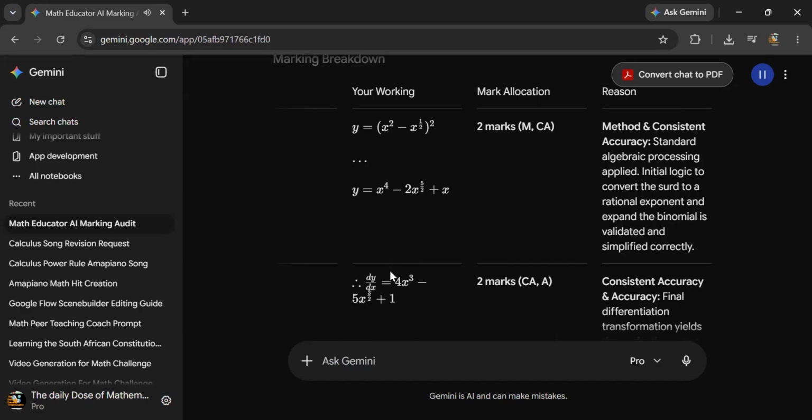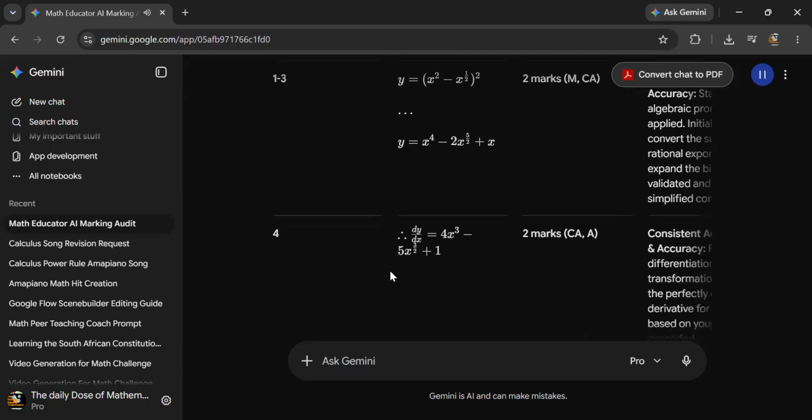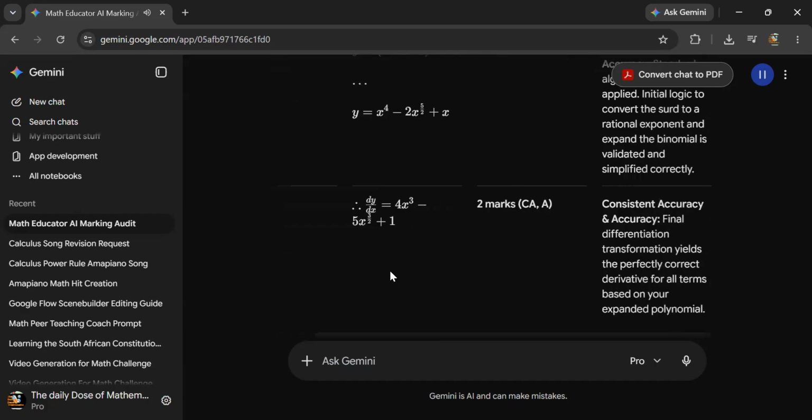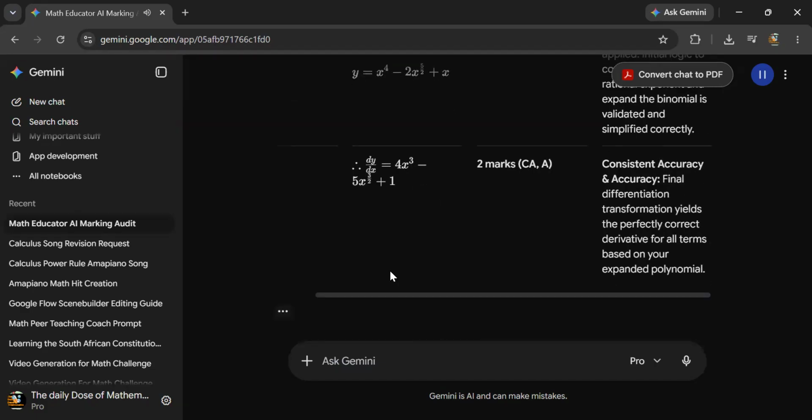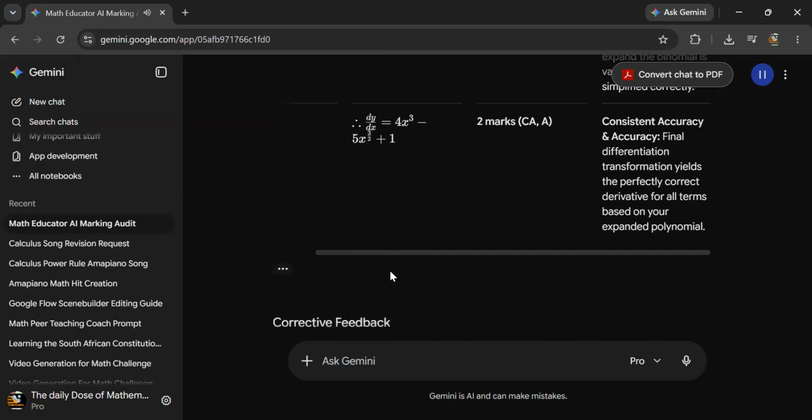Standard algebraic processing applied. Initial logic to convert the surd to a rational exponent and expand the binomial is validated and simplified correctly. Step 4: therefore dy/dx equals 4x cubed plus 5x to the power of 3/2 plus 1. 2 marks, CA and A, consistent accuracy and accuracy. Final differentiation yields the perfectly correct derivative for all terms based on your expanded polynomial.